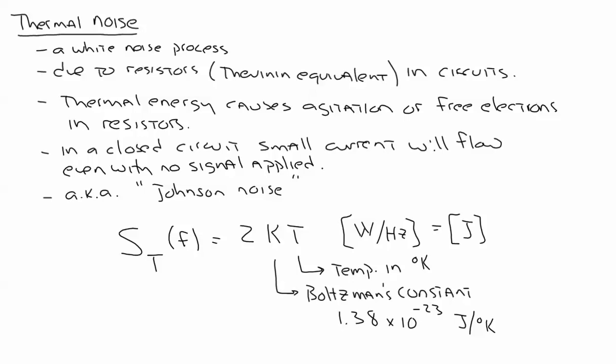Earlier we wrote the white noise power spectral density as N naught over 2. So if we did that, N naught in this case would be 4 times kT. If I divide that by 2, I get 2kT.